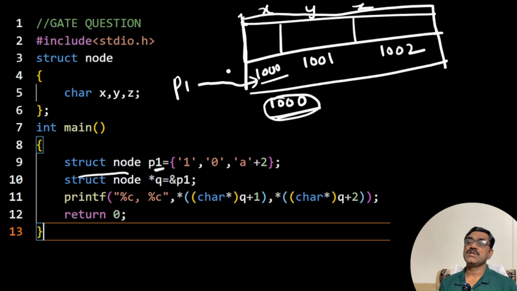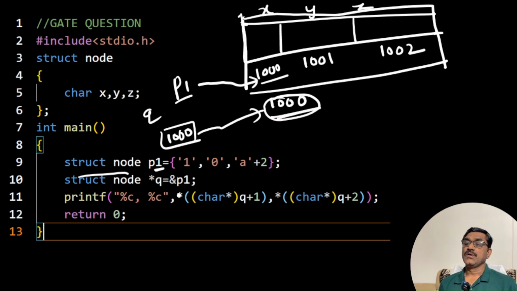P1 represents the address of the first element, whereas we have a pointer called Q, which consists of 1000. This 1000 represents the address of the whole structure. That is very, very important. Simply remember, P1 points to the internal 1000 and Q points to the external or outer 1000.